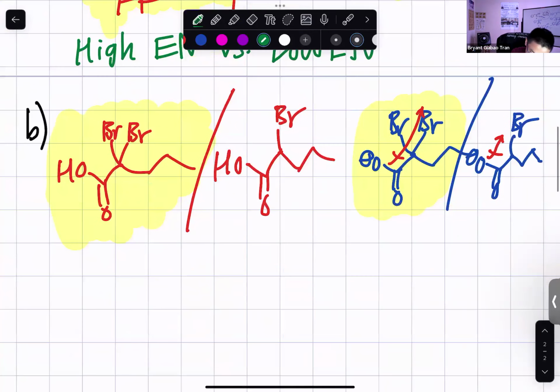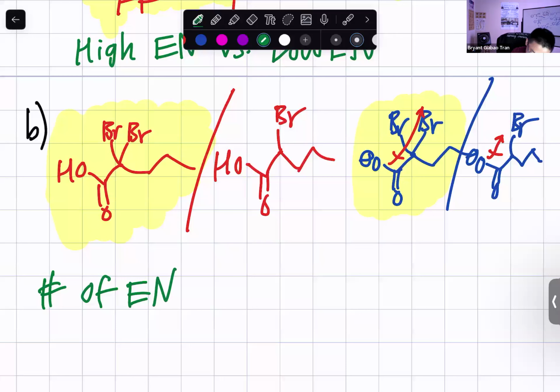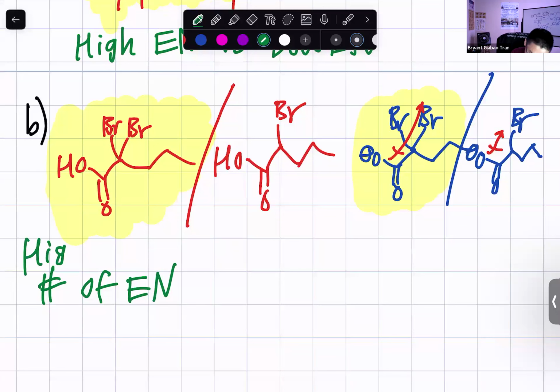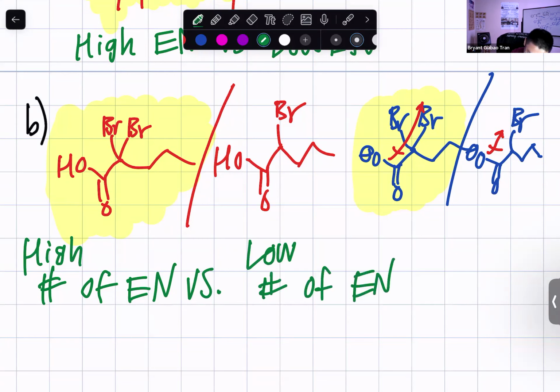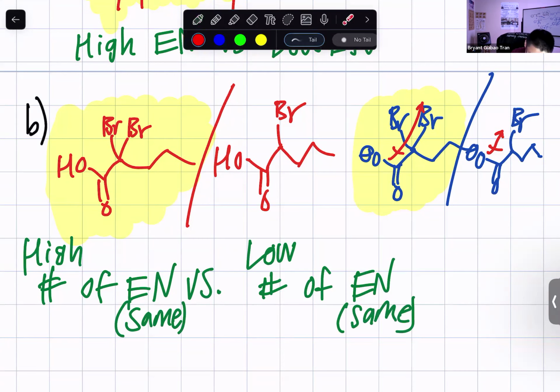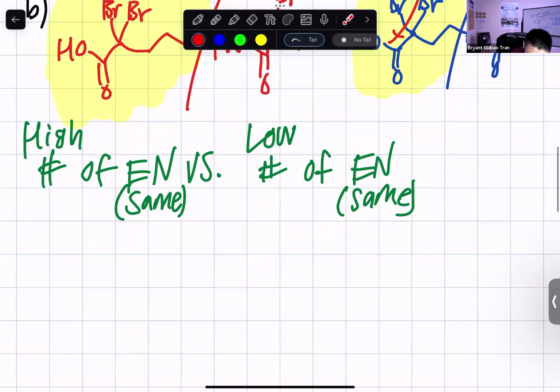This one is going to be talking about the number of EN, high number of EN versus low number of EN, the same EN. Right. Okay.